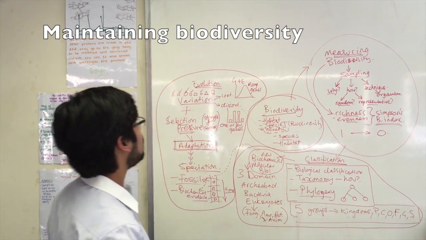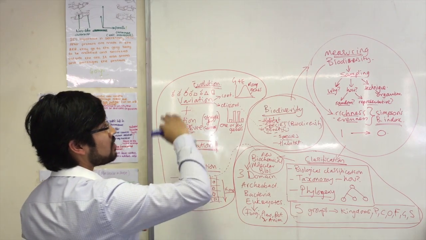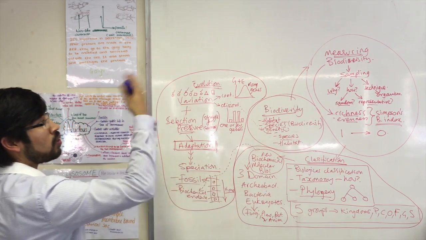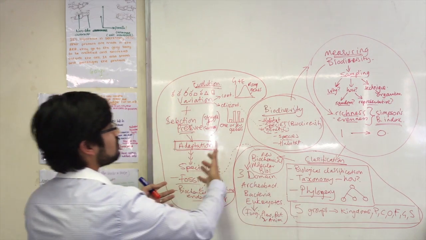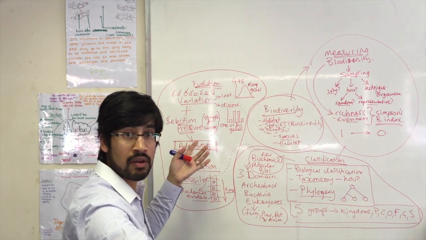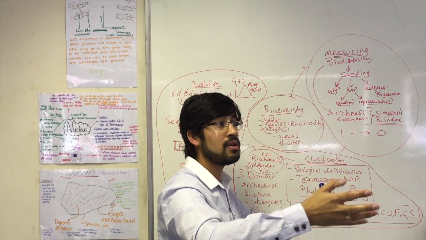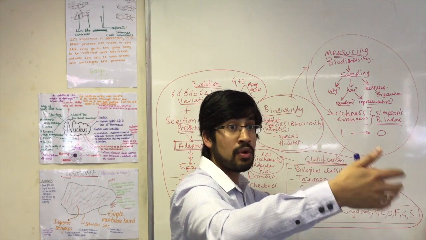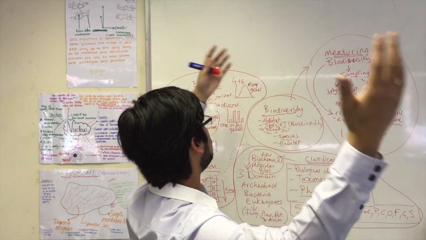That brings us then to maintaining biodiversity, and the way I think of this as fitting into the whole context here is evolution is the reason why we have all this variety of life, one organism changing, maybe diverting into two species, those two species further adapting, evolving into more.